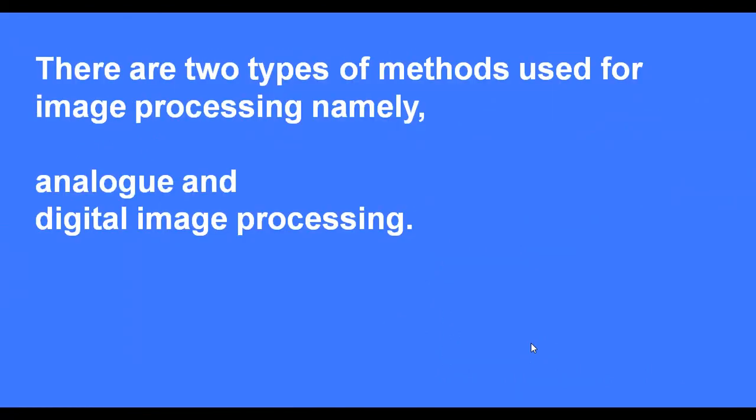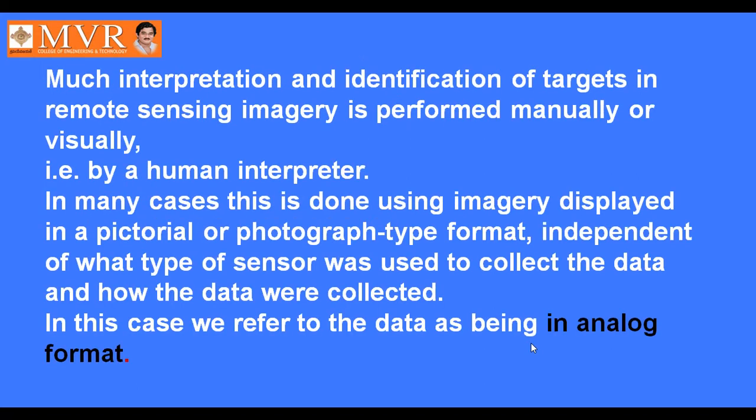Then there are two types of methods used for image processing: analog image and digital image. What is the analog image? What is the digital image? See, here much of the interpretation and identification of targets in remote sensing imagery is performed manually, visually.